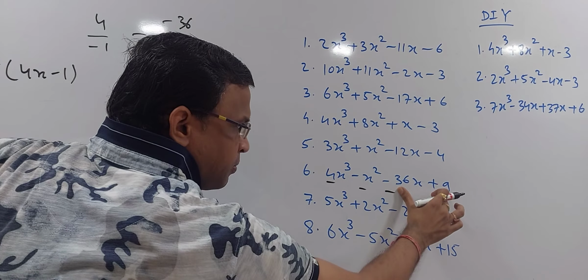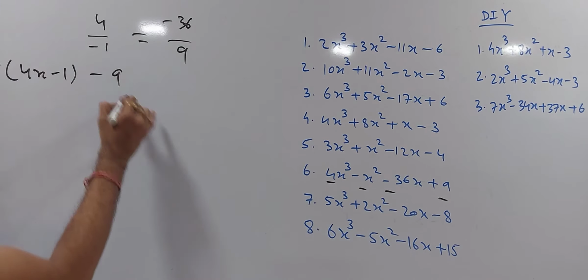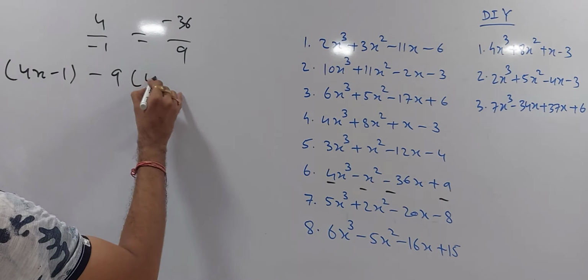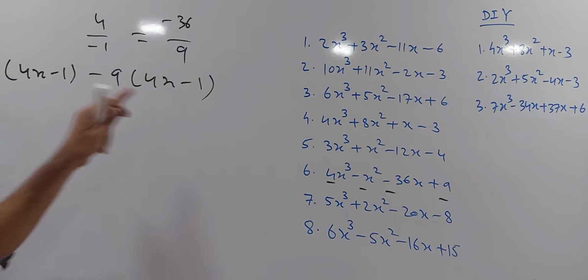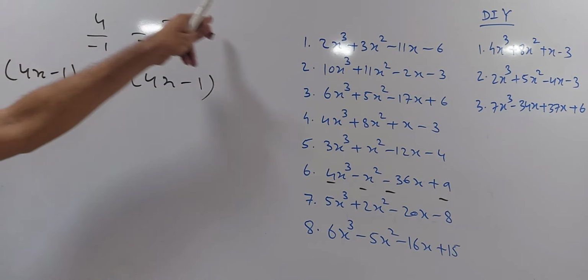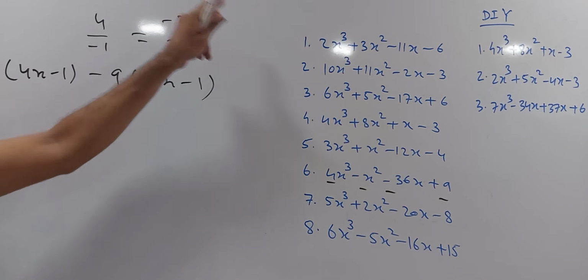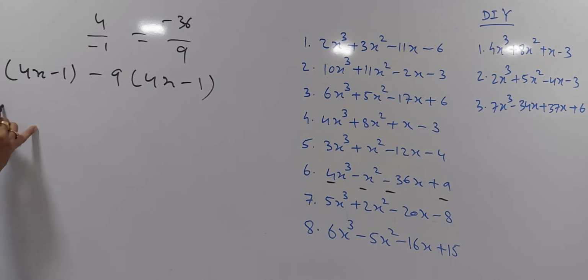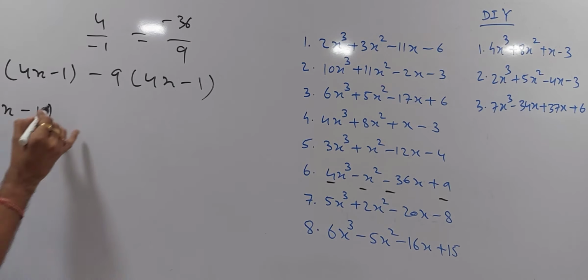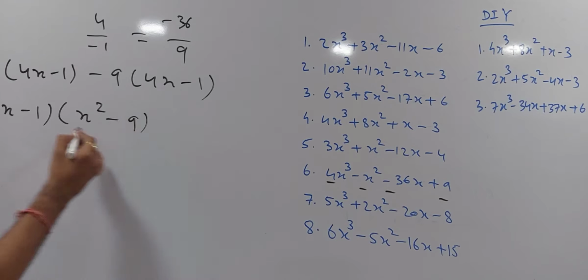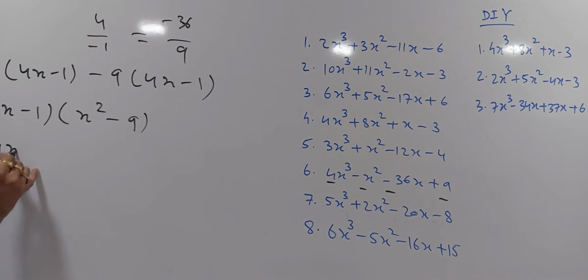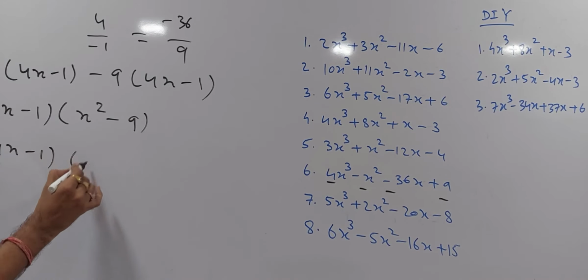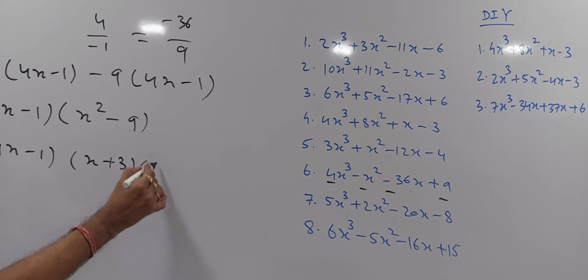It is minus 9, so take minus 9 common. So it is again 4x minus 1. It should be same, because we have confirmed it by using this particular condition. So now the next step is 4x minus 1, and x square minus 9. It's very easy, directly an identity. So 4x minus 1, and x square minus 9 gives you x plus 3 and x minus 3.